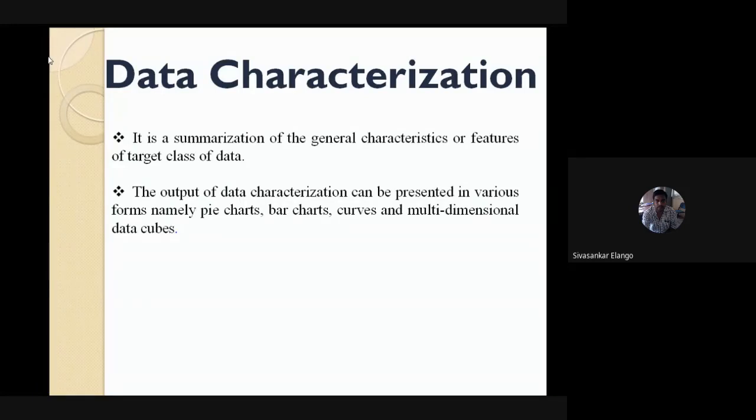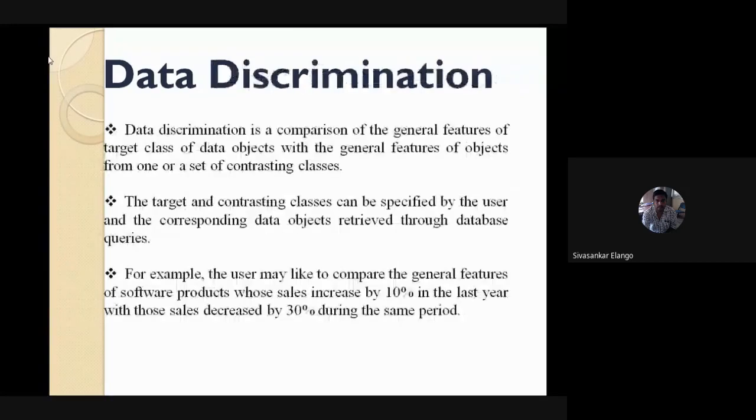So we need to study the characteristics of students who are studying in NIT Trichy. We can go for data characterization. So we need to study the profile of people who are buying Apple iPhone in India. We can go for data characterization. Similar to data characterization, we have another task called data discrimination.